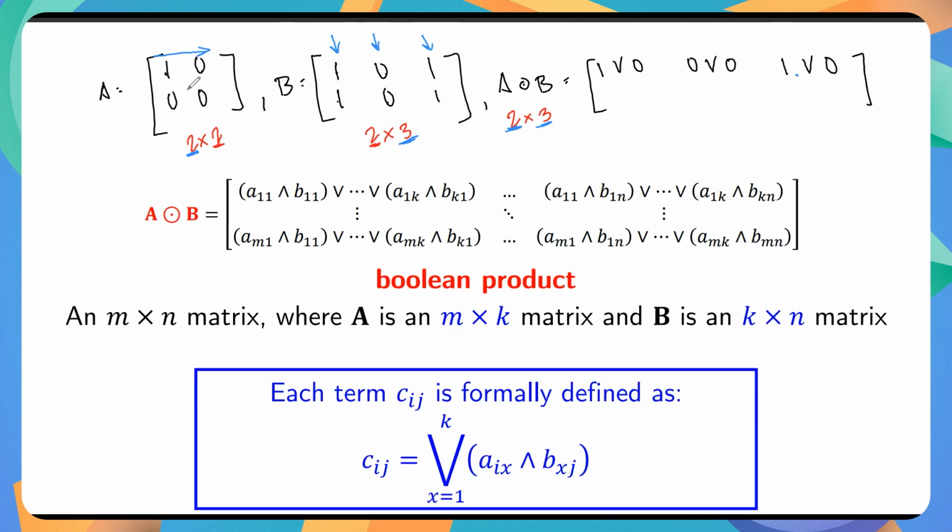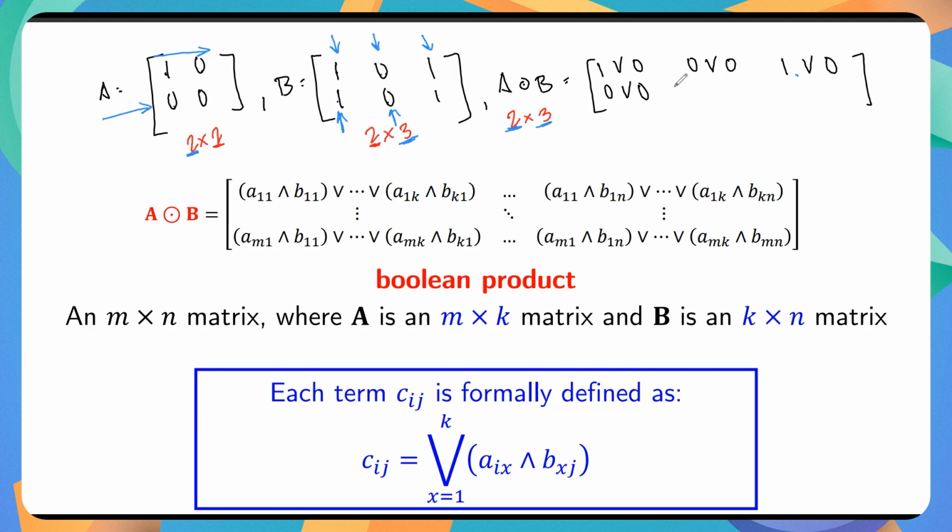Then OR them together. For the element at the second row, first column, we look at this row and then go back again at this column. So 0 and 1 is 0, 0 and 1 is 0. Then we proceed to the second row, second element.